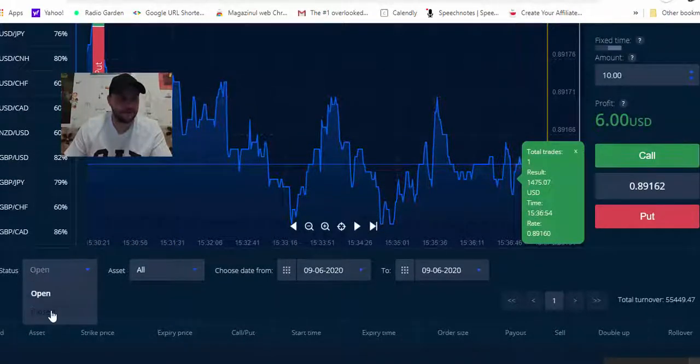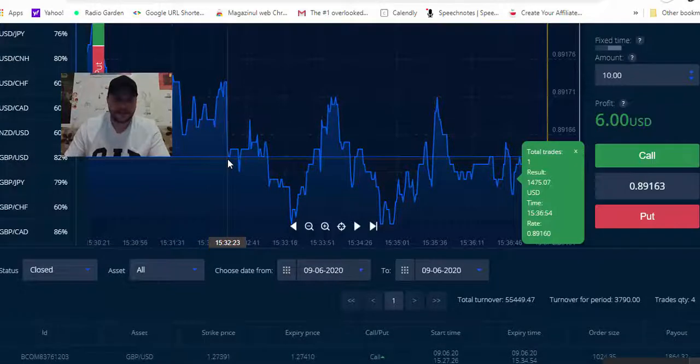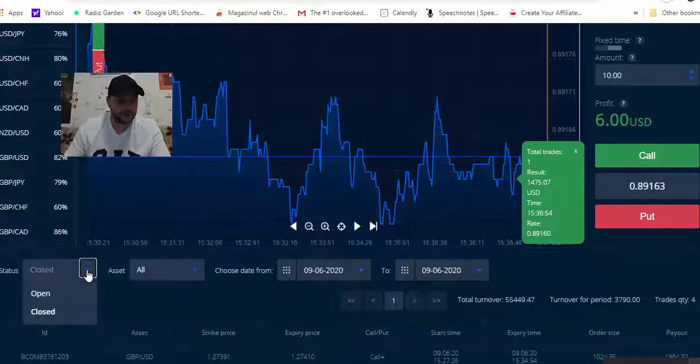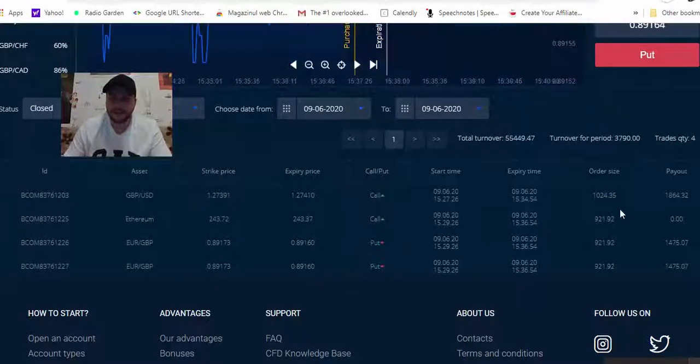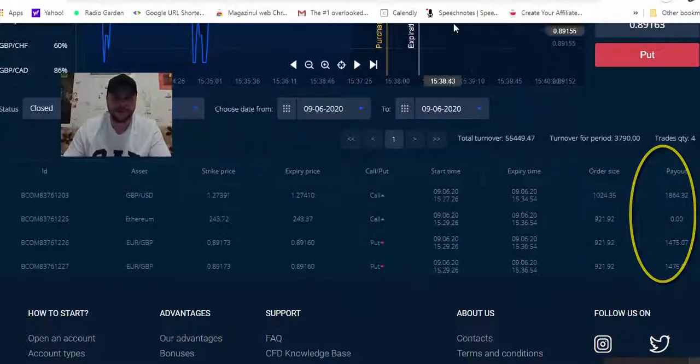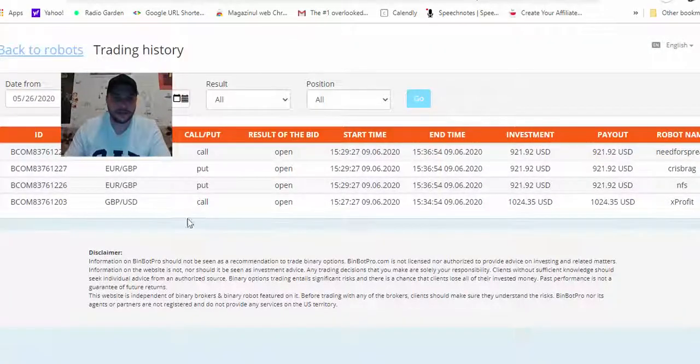Let's have a look at the closed trades. And yes, we have 3 in the money and 1 out of the money. The Ethereum, which was placed by my Need for Spread robot.